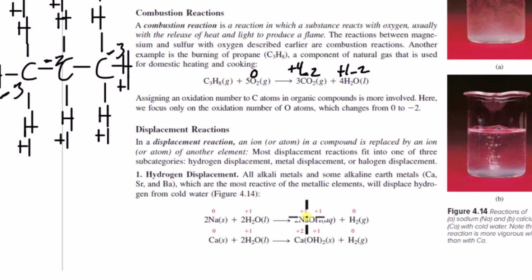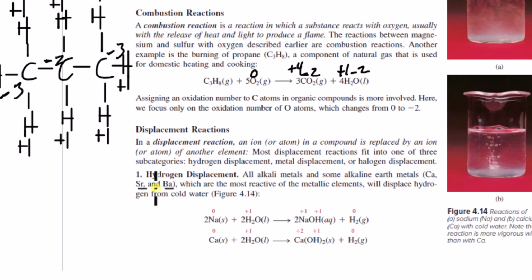Yes, an aqueous environment would be an ideal environment for facilitating a single displacement reaction because of the mobility of dissolved ions. But any scenario where species can interact in a way that allows a reaction to occur, if that reaction is energetically favorable, so favorable in terms of location of the species on the activity series, is a scenario where a single displacement reaction can occur.